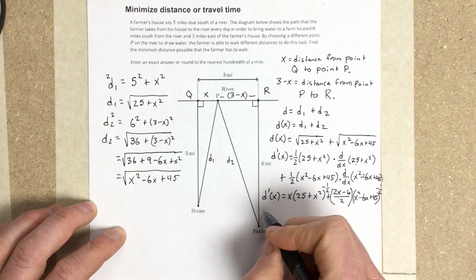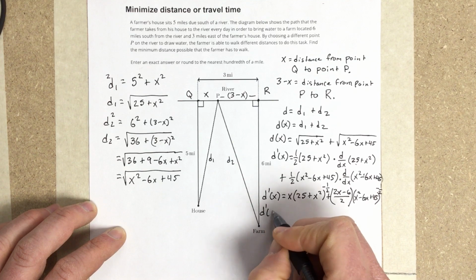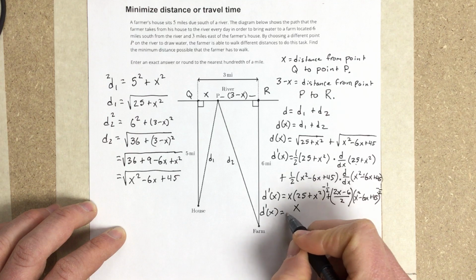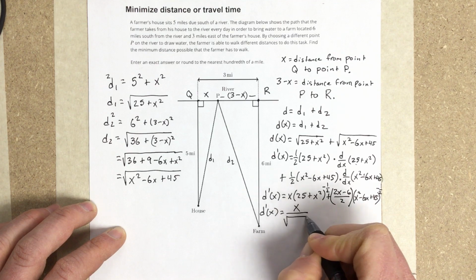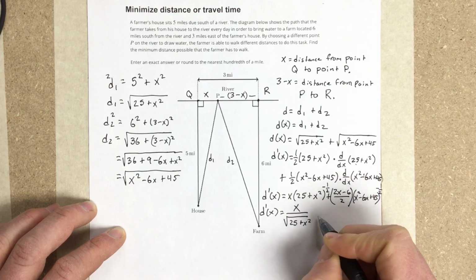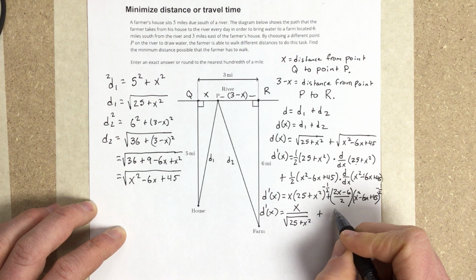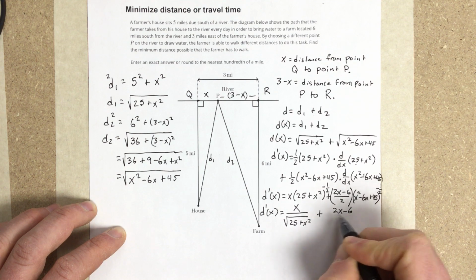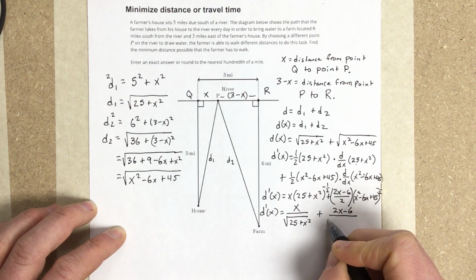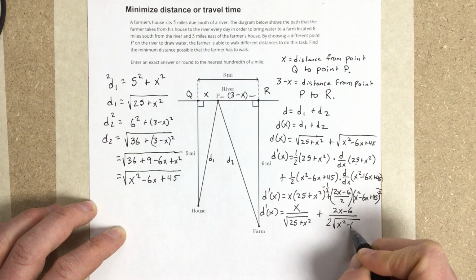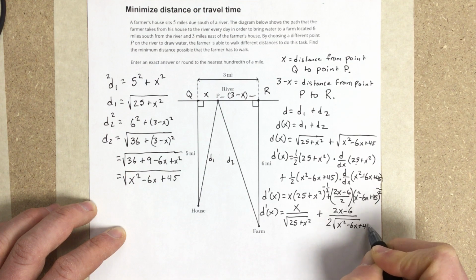So that would be D prime of x is equal to x over root 25 plus x squared plus (2x minus 6) over 2 root x squared minus 6x plus 45.